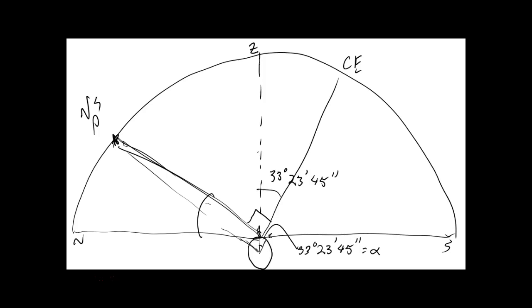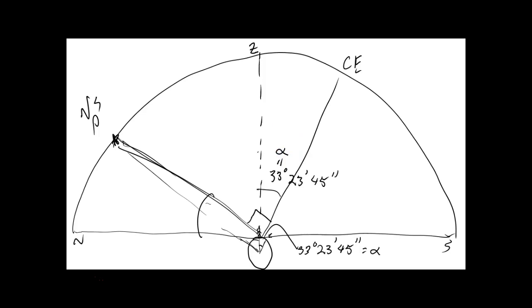How can you prove that? Like I just said, this is alpha, our latitude. So this would be alpha, the angle between the celestial equator and our zenith, right? So we'll call that alpha 2. This is alpha here, okay?